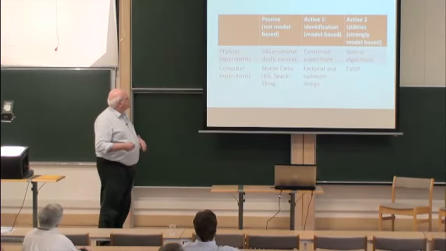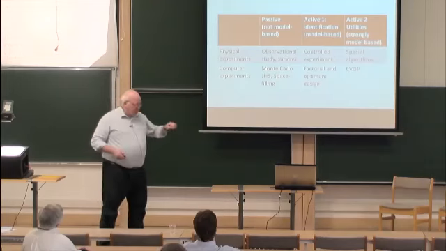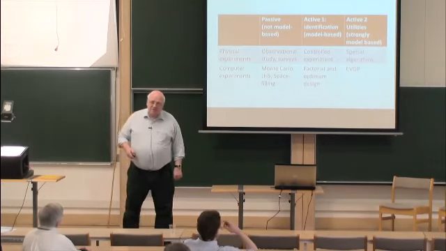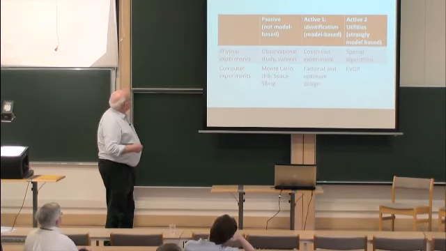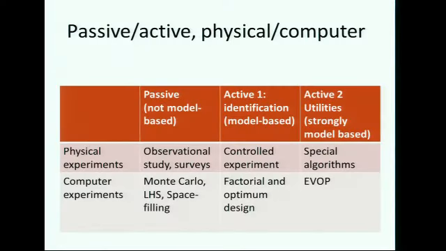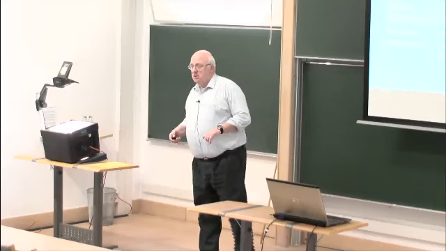Even in optimization, which is really at this end, your choice of where to look in a function is a kind of experimental design. And also, so these are the big two divides, in my opinion, the passive-active and the physical-computer. In the physical experiments, for example, there's a whole area of social science, or observational studies.